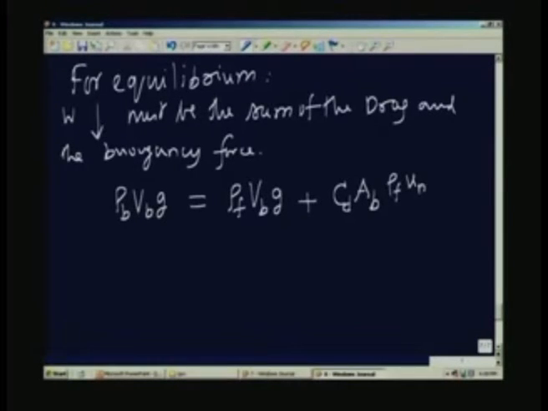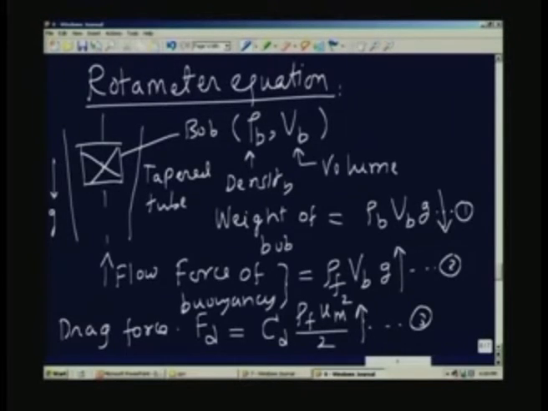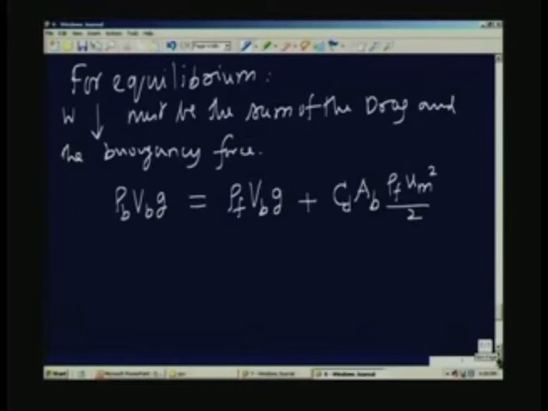Rho F UM squared by 2, let me go back and make that correction. This is proportional to CD multiplied by the area which is intercepted by the flow, that will be the frontal area of the bob material. So AB is the frontal area of the bob. So this is the equation, and I can solve for UM.